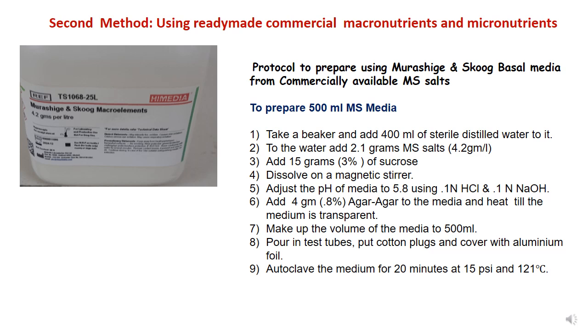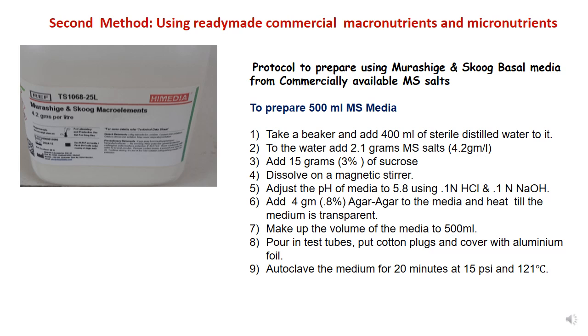Now the second way of making any medium is that we buy the salts from a commercial supplier, and then we make the medium directly using the salts whenever we are making the medium.